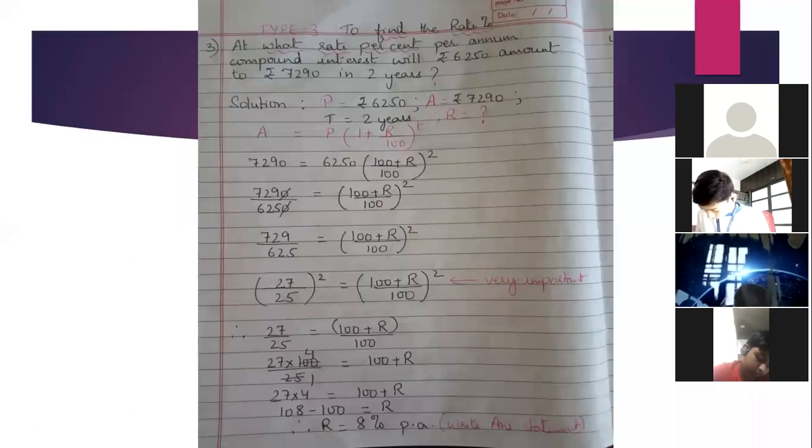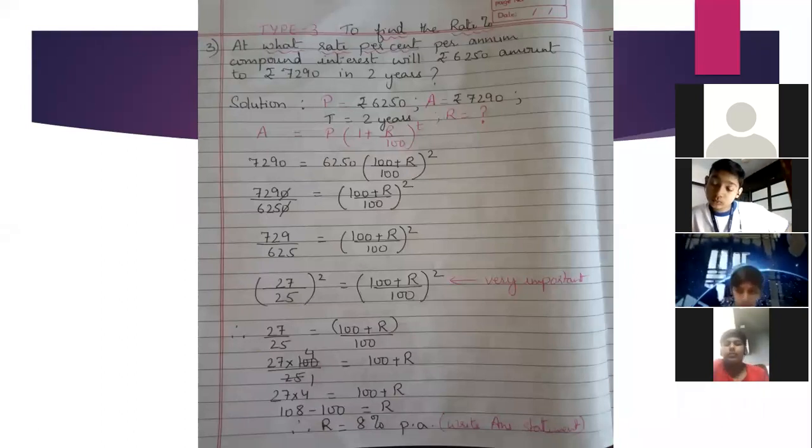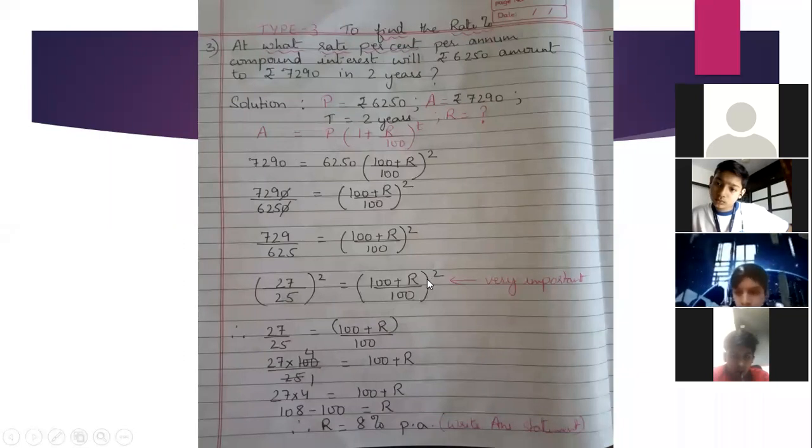Ma'am, I did it in a little different way over here. What is different, beta? Just tell me. Ma'am, I removed the brackets and then I transposed 100 to 27 and 25 to 100 plus r. But how did you remove the bracket?